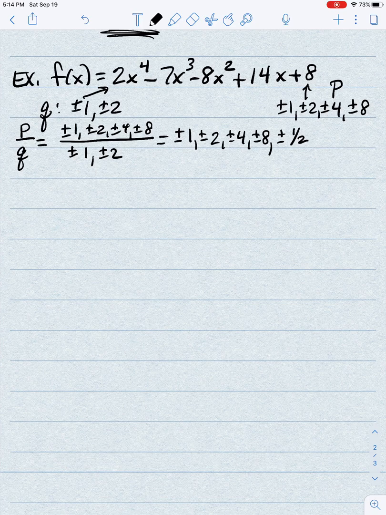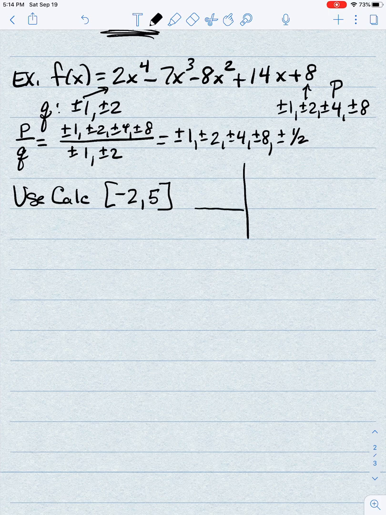Okay, so now if you take your graphing calculator and you graph so that you are able to see on the x-axis from -2 to 5, all right, see if I can sketch what I got. I see here at -1/2, I see a 0.